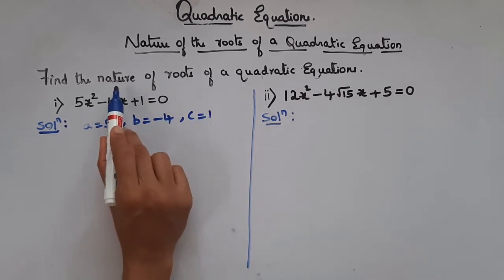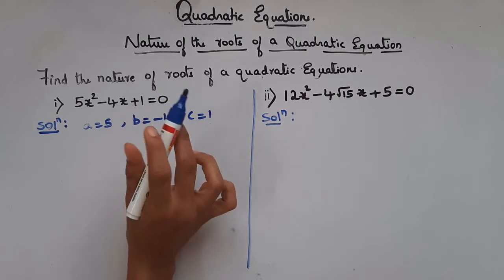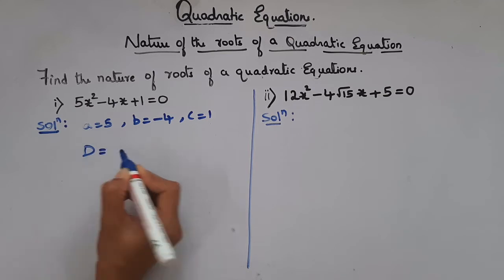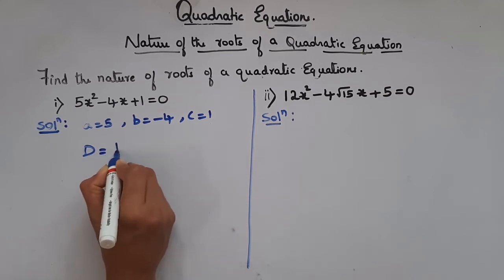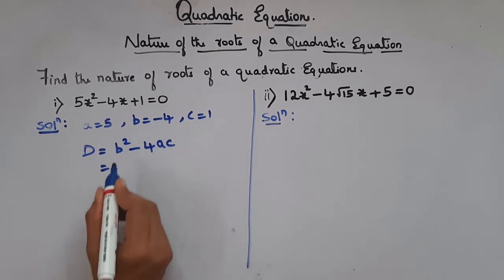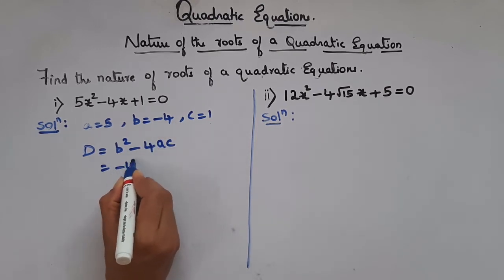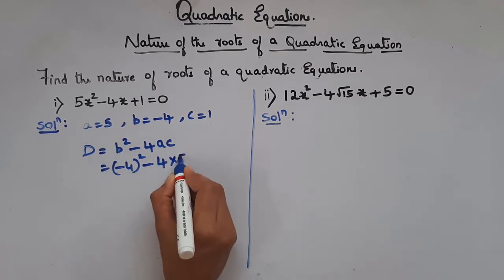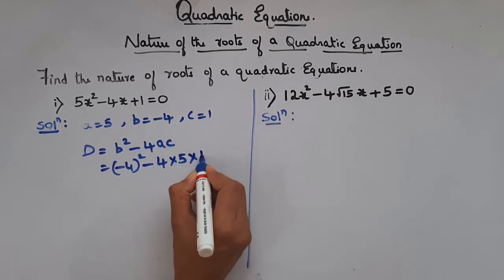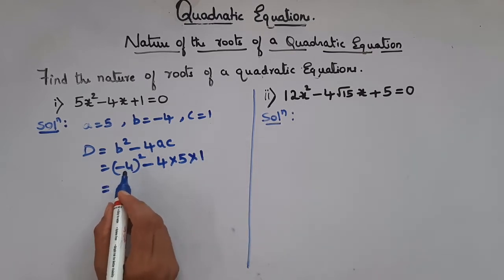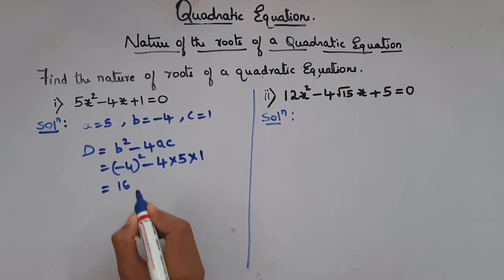So here they have asked the nature of roots, that is you have to see the value of the discriminant. We know discriminant is given by d is equal to b square minus 4ac, right? So here b is minus 4, so the whole square, minus 4 into a is 5 into c is 1, which is equal to minus 4 the whole square is 16, minus of minus is plus, so plus 16, right?